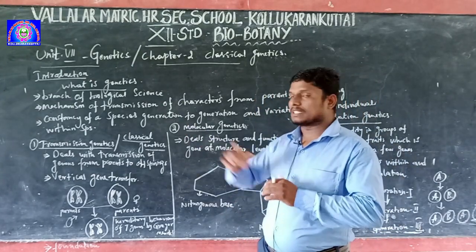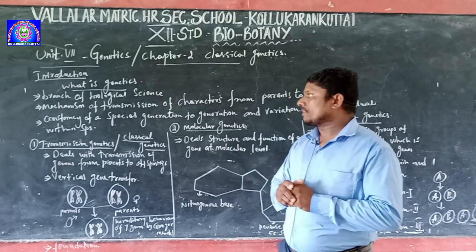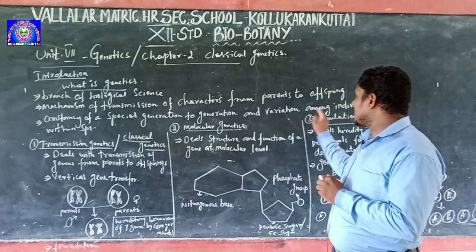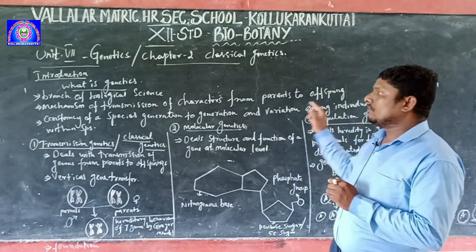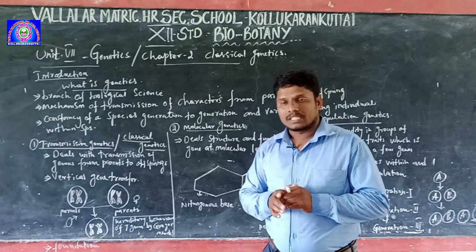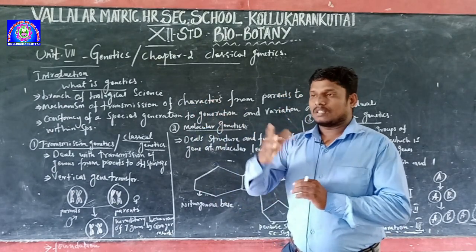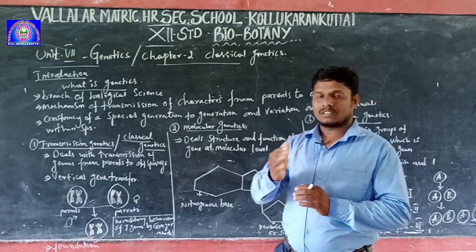And point number 3, constancy of a species generation to generation and variation among individuals within the species is called genetics. So the first point is biological science, you know it.